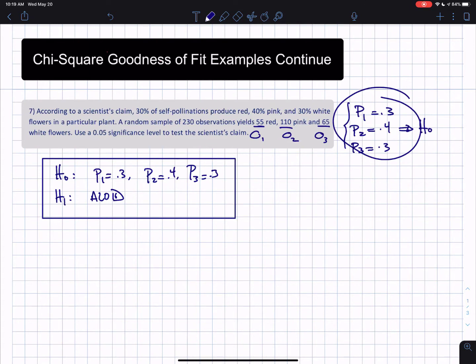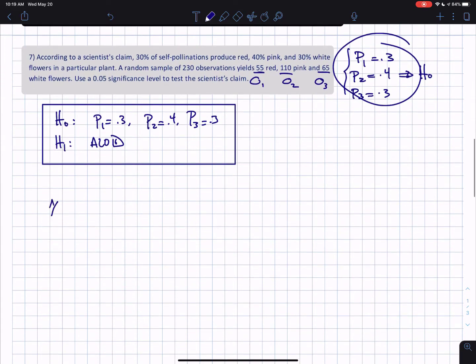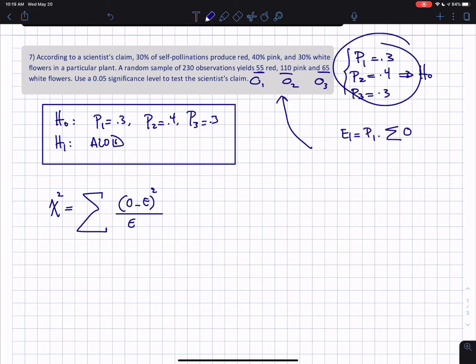Alright, my second step, as you've seen before, is to calculate the test statistic. My test statistic here is chi-square, equal to the sum of (O minus E) squared divided by E. Of course, I have my O's here. I can calculate my E's, and remember that the first E is the first P times the sum of the observed frequencies.